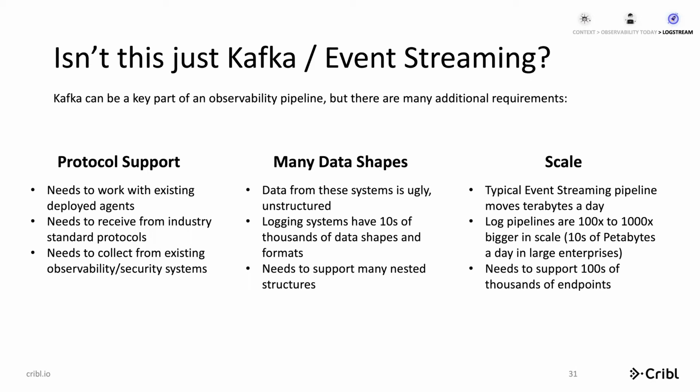And on top of that, and this is probably the most underappreciated portion of the problem that needs to be solved, is that in an observability system, the first use case is I just got to connect this existing pipeline to all of these destinations. And I don't get to control the data shapes. If you look at a standard security logging or IT operations logging tool, they will have tens of thousands of different data shapes.